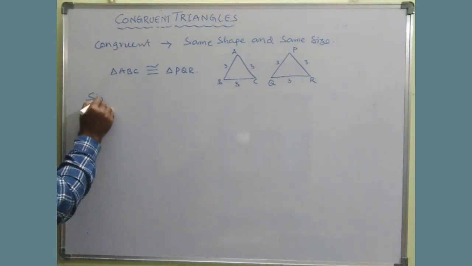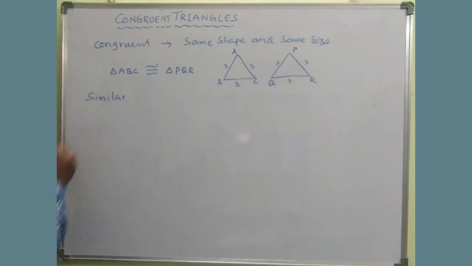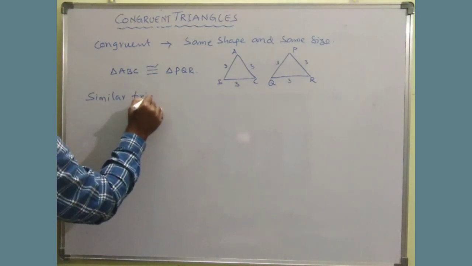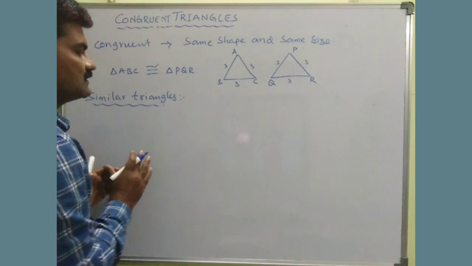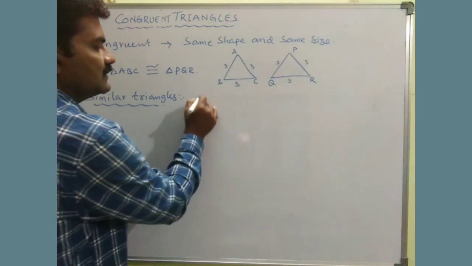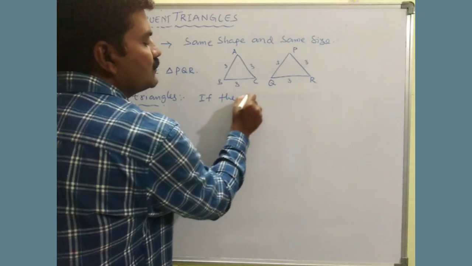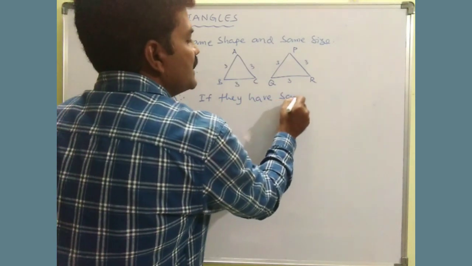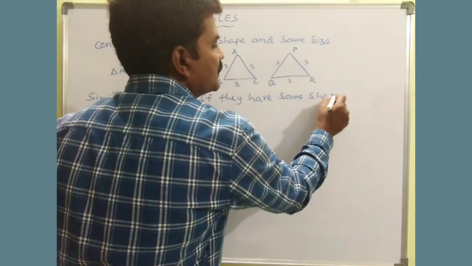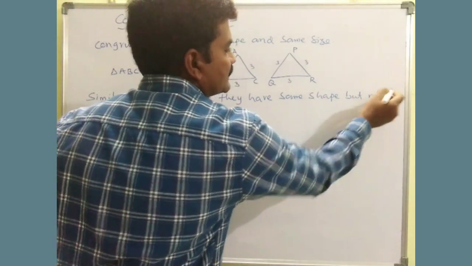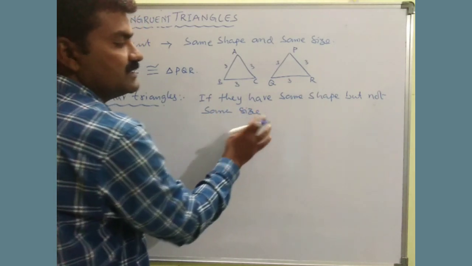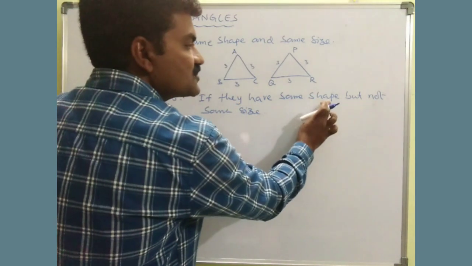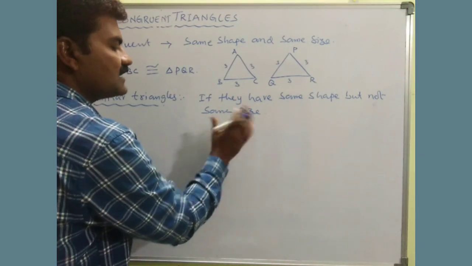Now when we come to similar figures, when can we say that two figures are similar? Let me talk here especially about similar triangles. Two triangles are said to be similar if they have the same shape but not the same size. Understood here? They must have only the same shape but not the same size.